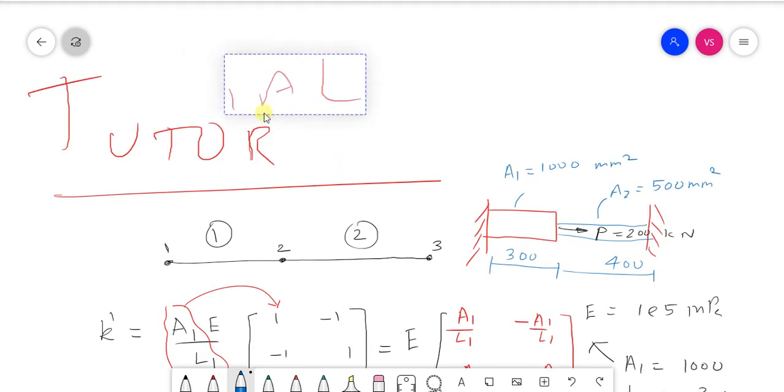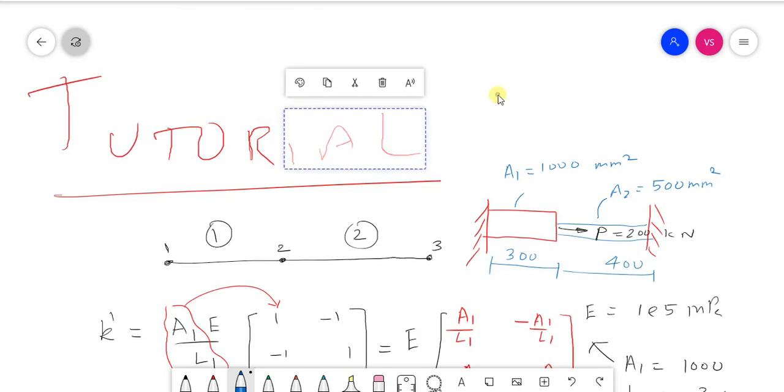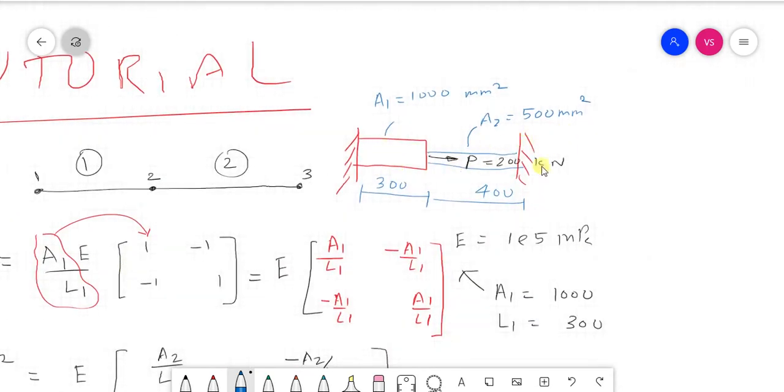But here it is not the case. The reason is, you can see this figure, something is pulling the first element, so it will be under tension, and at the same time the other element will be compressed. So here you will have both tensile and compressive stresses.